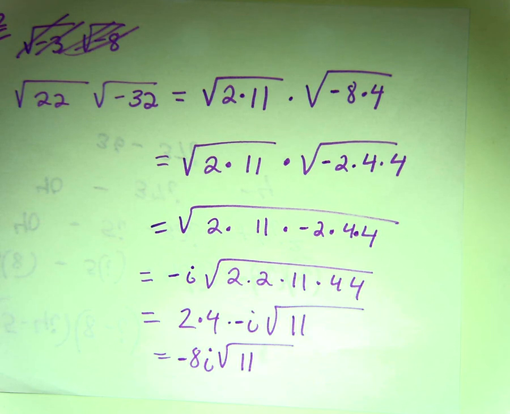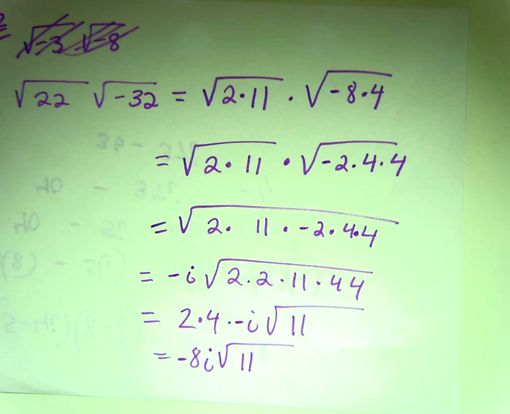I still have a pair because we're dealing with the square root, so I factor out the 2, which is right here, factor out the 4, which is right here. So that's why I brought it out. So I have 2 times 4 times negative i times square root of 11. 2 times 4 is 8. 8 times negative i is negative 8i. Left your radical alone, so your final answer is negative 8i square root of 11.